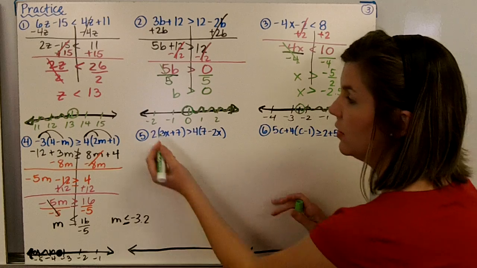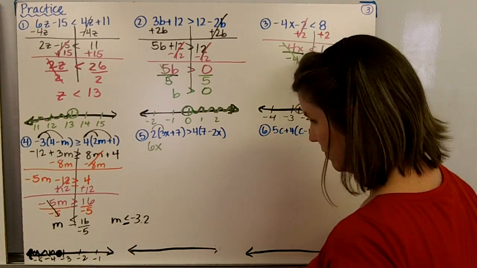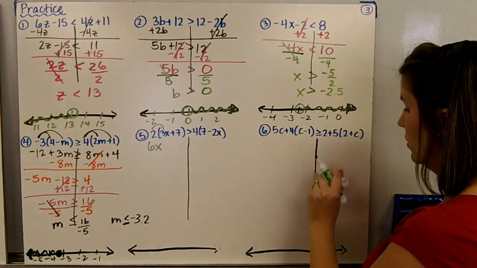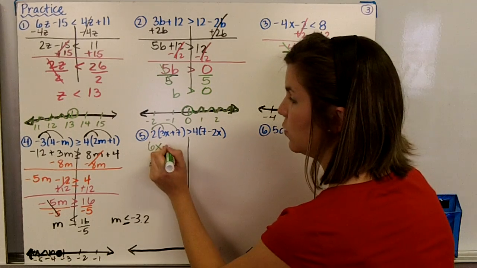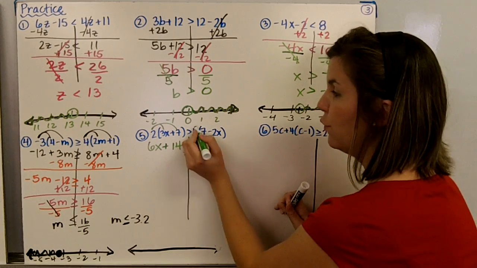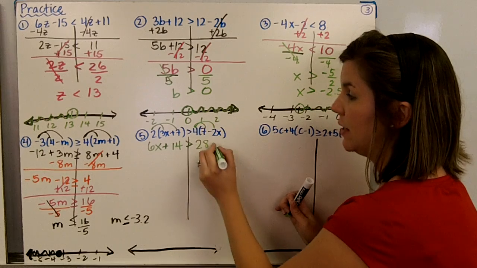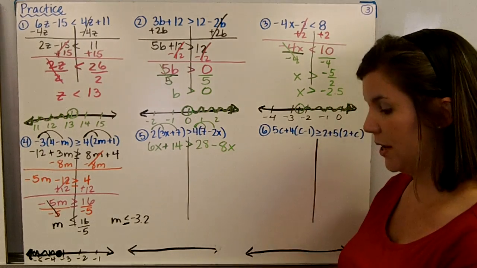All right, number 5. 2 times 3x is 6x. 2 times 7 is 14. Keep the sign. 4 times 7 is 28. 4 times negative 2x is negative 8x.